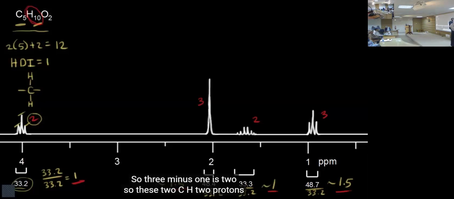This can be part of it. Then there's another CH3 triplet. So we've been able to account for 3 carbon atoms out of 5. That is CH3, CH2, CH2. Now remaining are 2 carbon atoms and 2 oxygens.